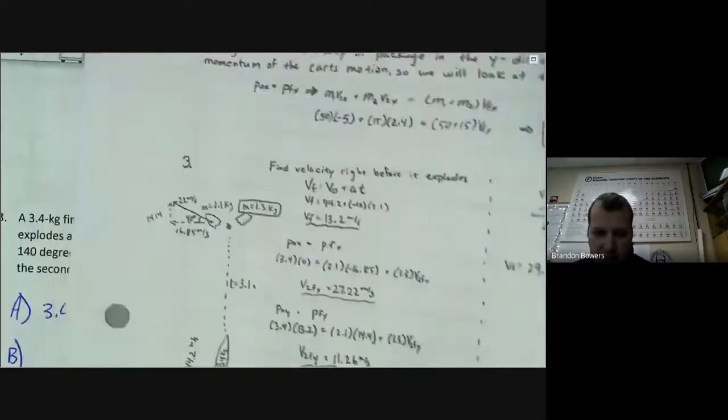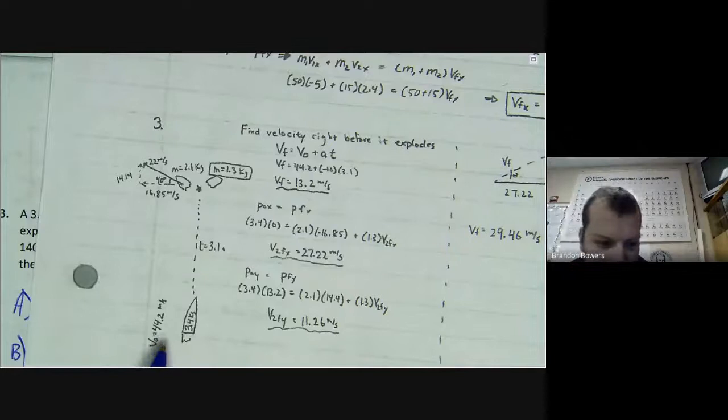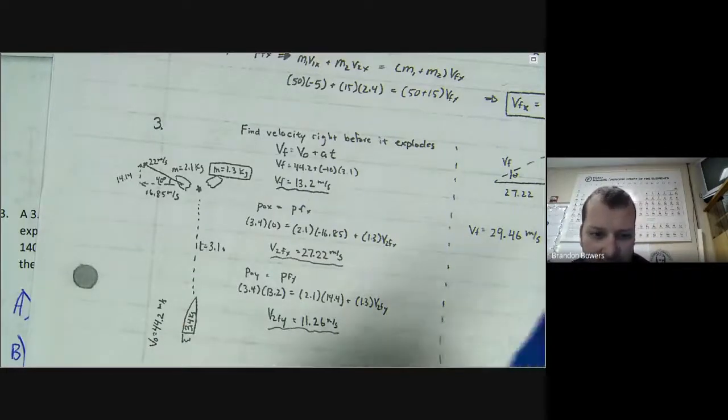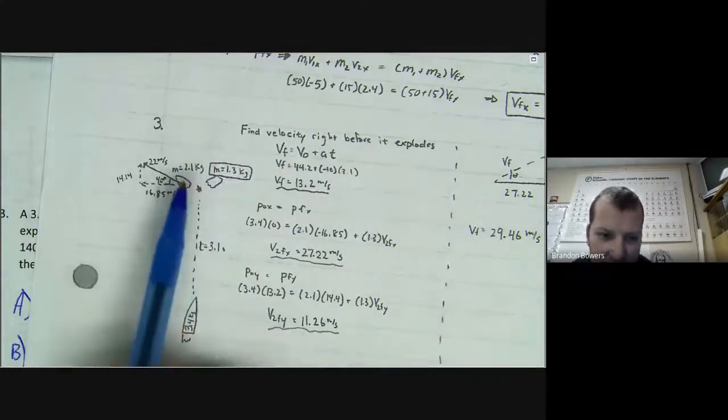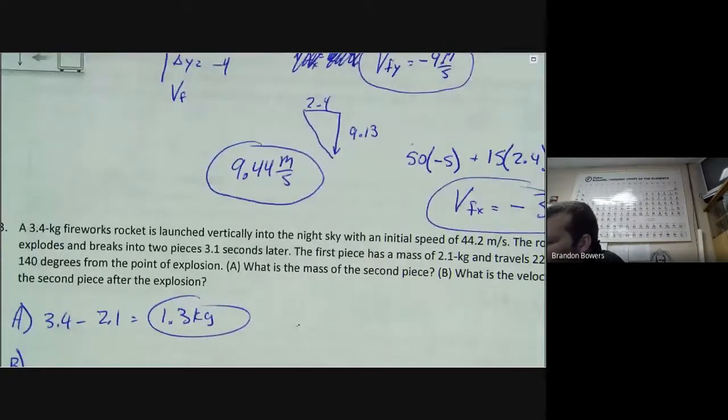Fireworks, a 3.4 kilogram firework being shot up at 44.2 meters per second, for 3.1 seconds, then it explodes, and we have the explosion. 22 meters per second, that was given in the problem at the angle.